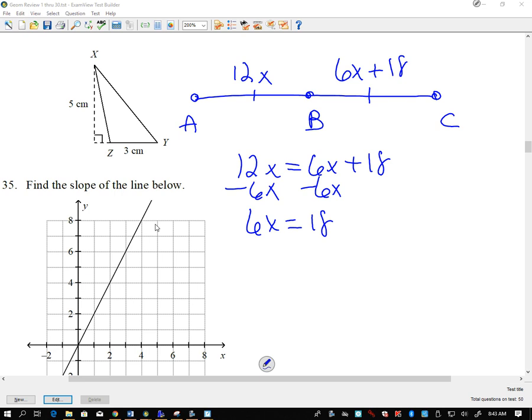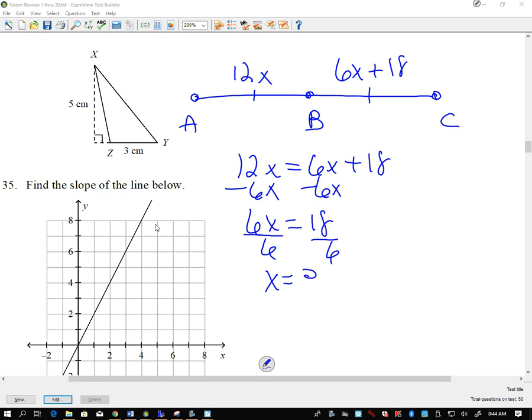Then what, Maddie? What would you do after that? Divide by 6 on both sides. X equals what? You should be able to do 18 divided by 6, right? 6 times what equals 18?